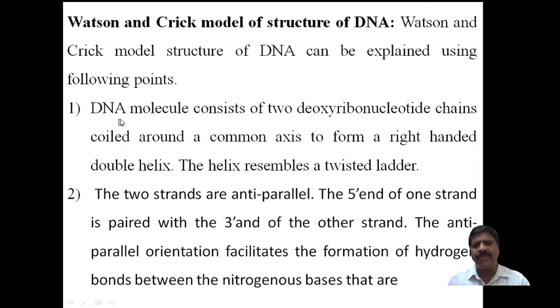Therefore the DNA molecule consists of two deoxyribonucleotide chains coiled around a common axis, because here two deoxyribonucleotide chains will be there, and a common axis will be there. From the right-handed side, it is a double helix, one is this, another one is another.